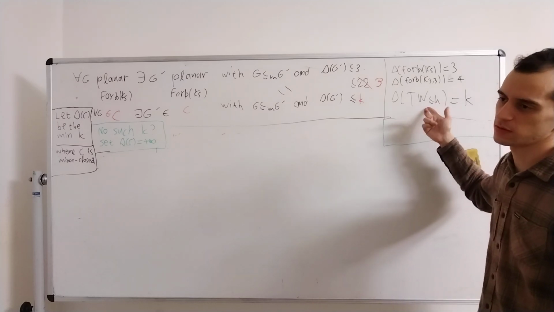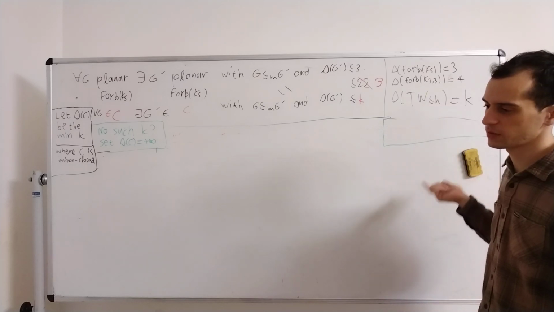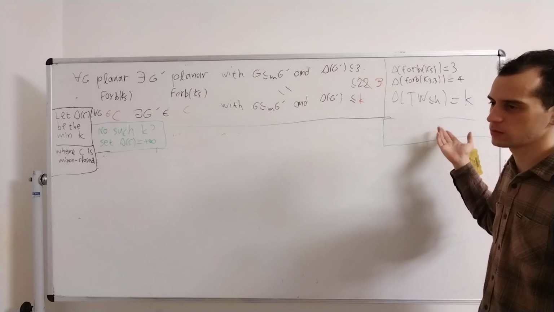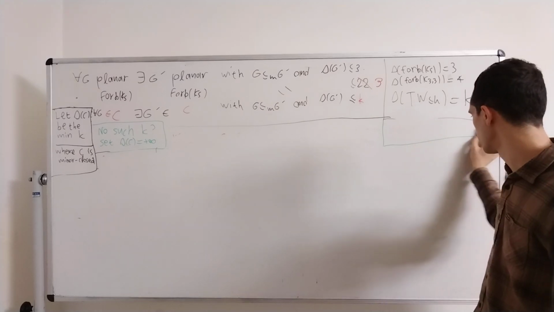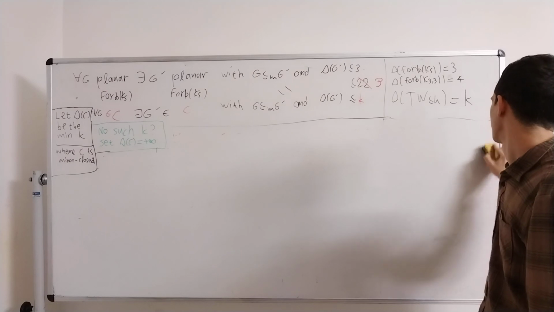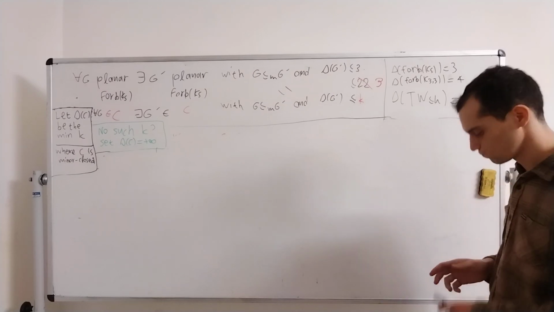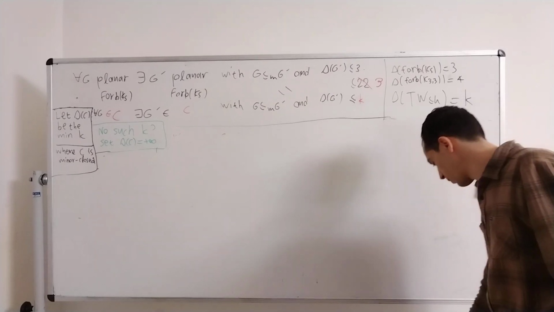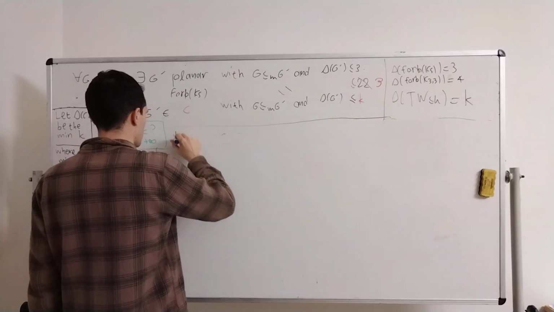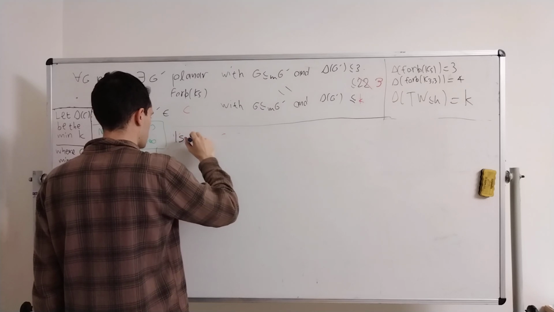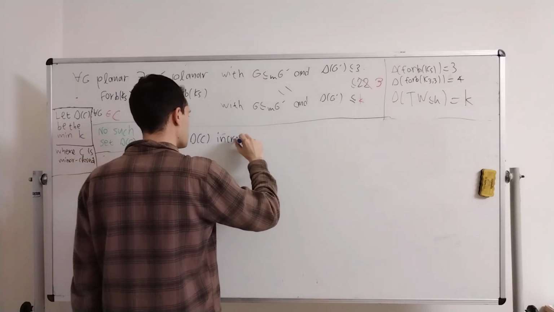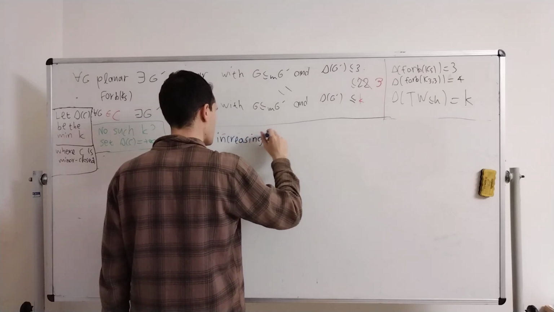So we have extended this a bit by showing that it's larger than or equal to K, and also there need not be any restriction on the vertices. And also our proof is a bit similar. So, is delta of C increasing?